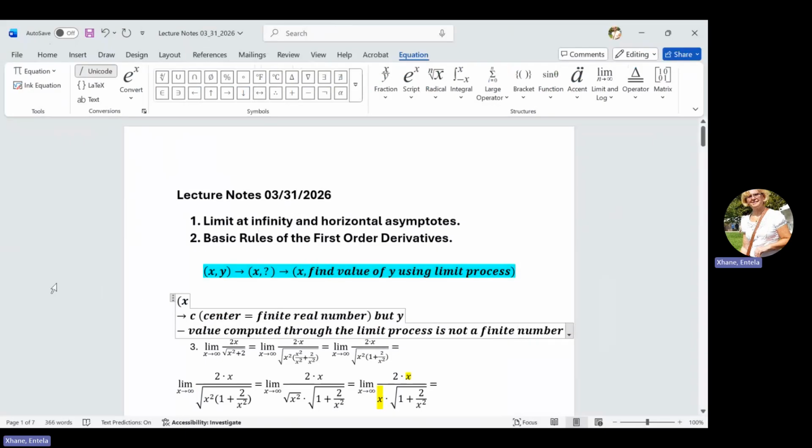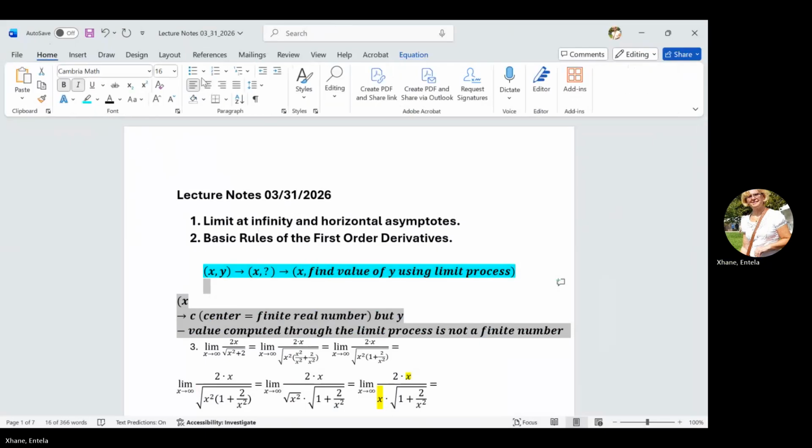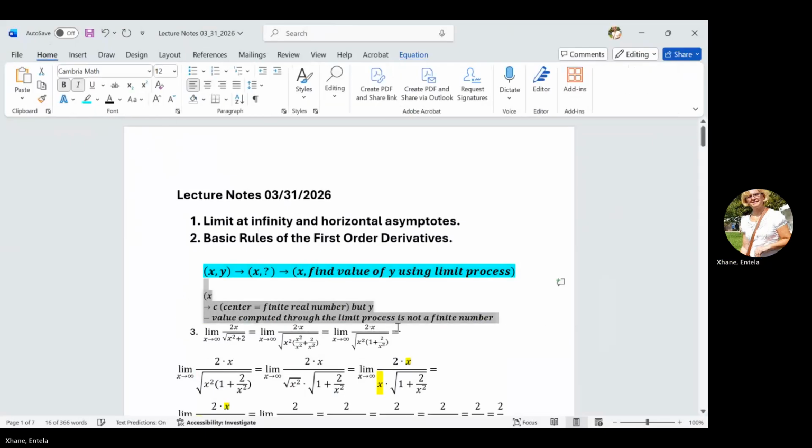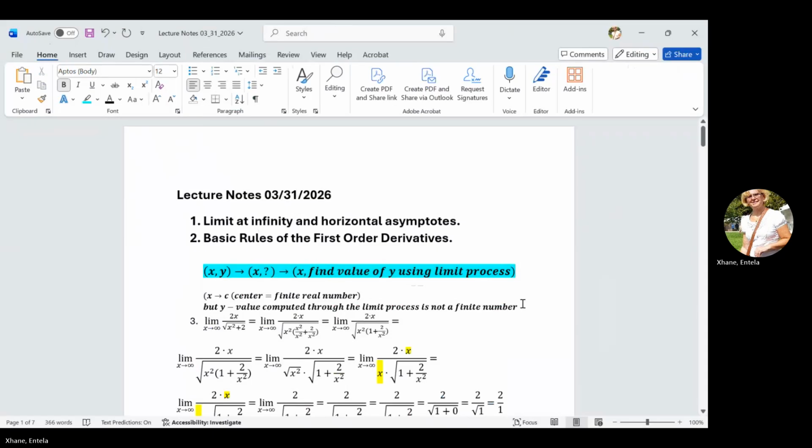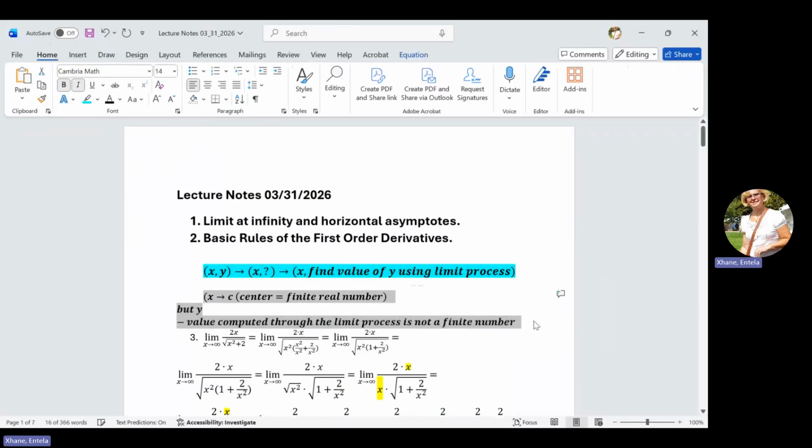So we're running into cases such as this one. I'm going to make this size 14 bigger for you.